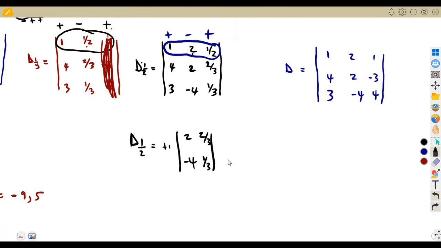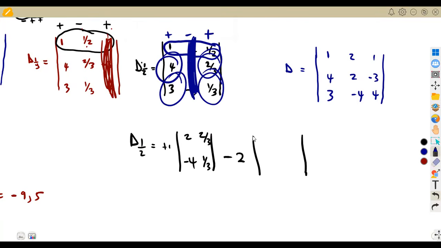A negative. So this will be negative 2 into the determinant of, we close the column also where there's 2, so you're going to remain with 4, 2 over 3, 3, and 1 over 3.